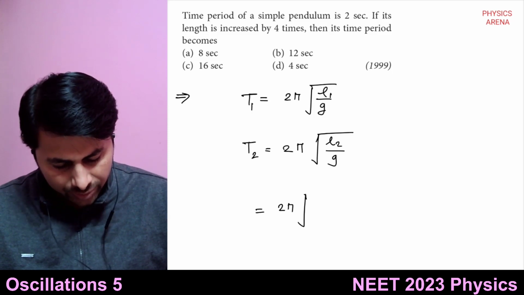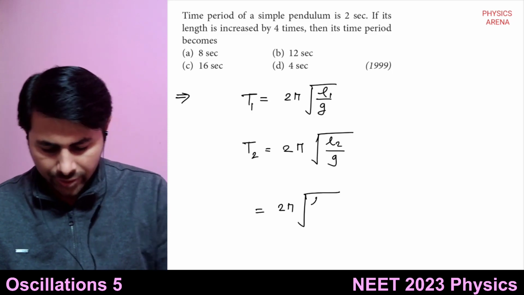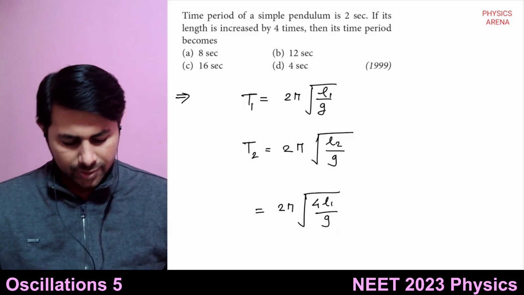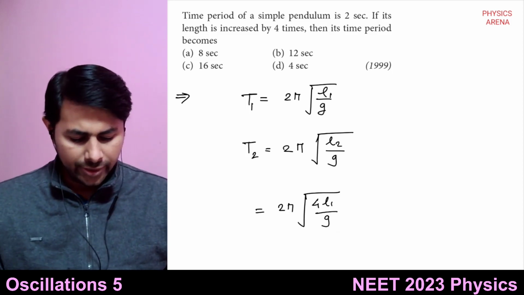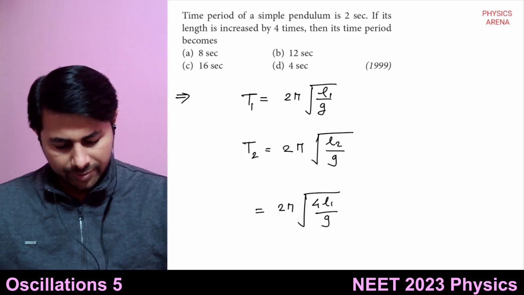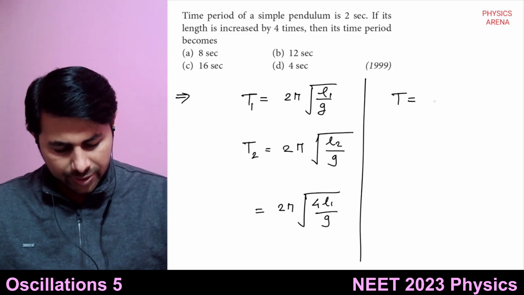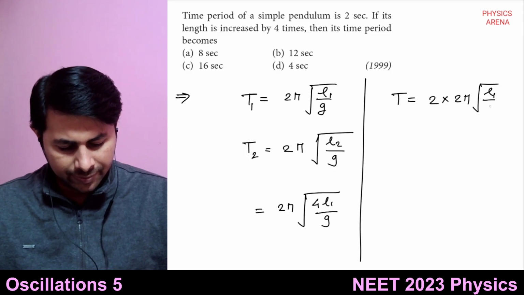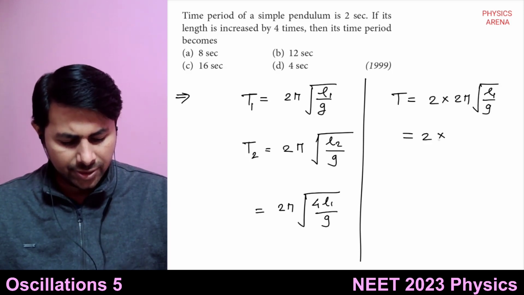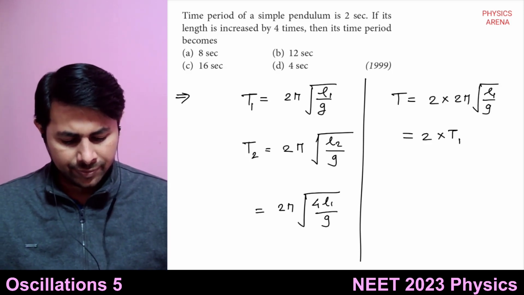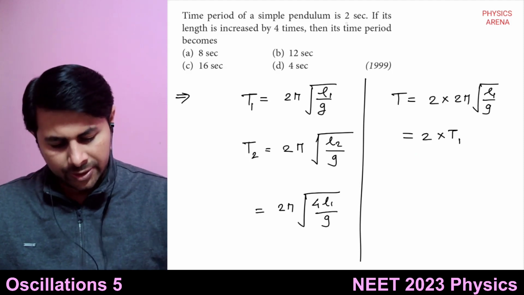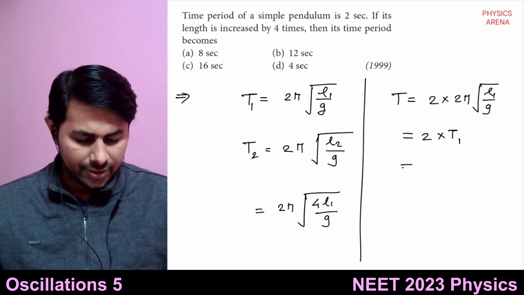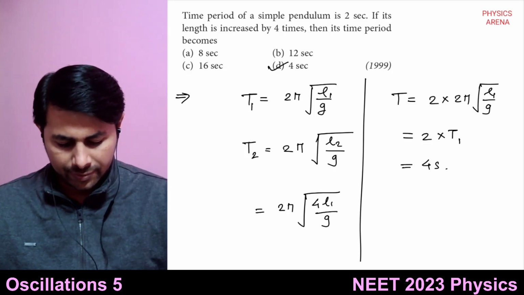So it is 2 pi root of 4 times L1 upon G. Take square root of 4, it is 2, so T2 is equal to 2 times 2 pi root of L1 by G. That is 2 times T1. T1 is 2 seconds, so T2 is 2 times that, 4 seconds.